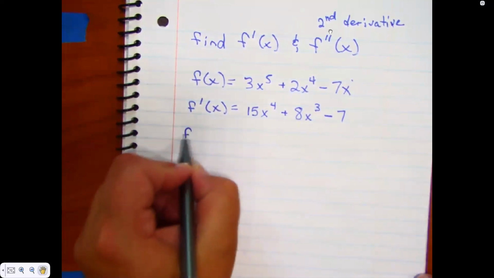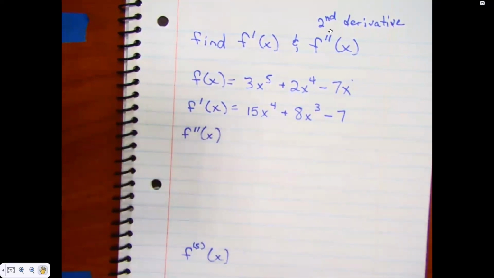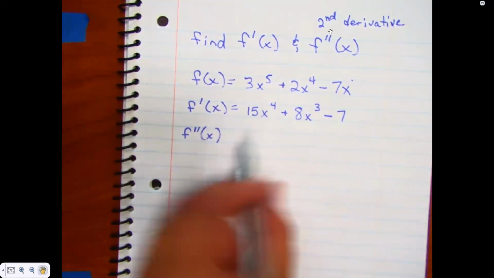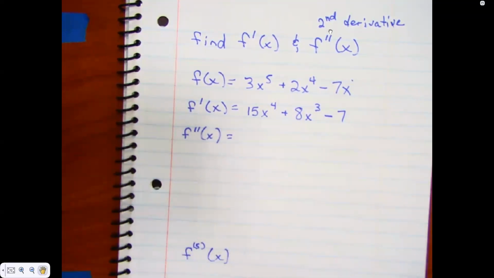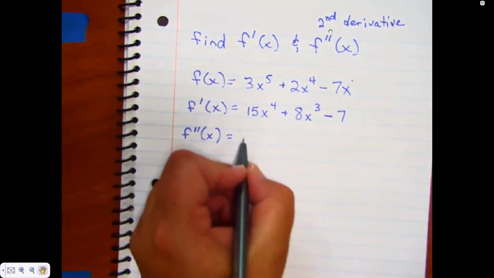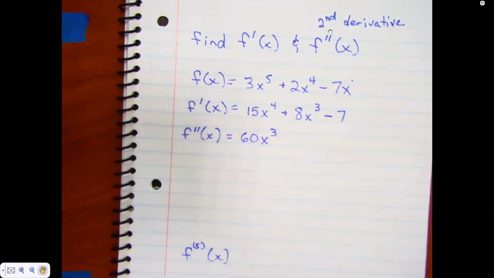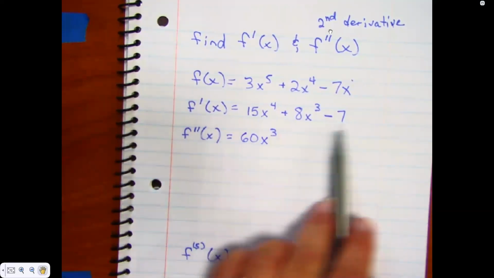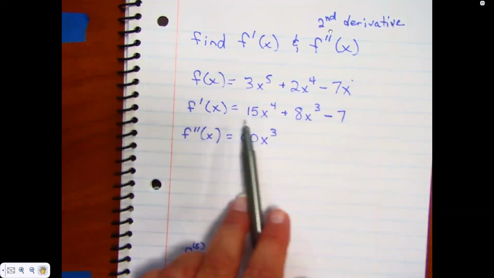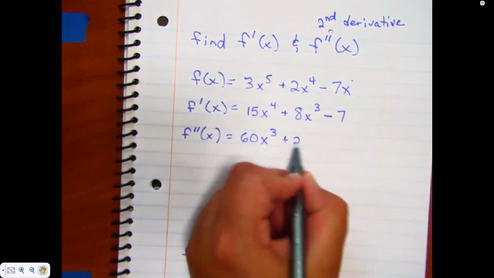How do we find the second derivative? Take the derivative of the first, right? Take the derivative of the first. So we're going to roll it down. 15 times 4 gives us 60. Subtract 1. And now we're starting all over. So now we're just taking basically the derivative of this guy. Roll it down.